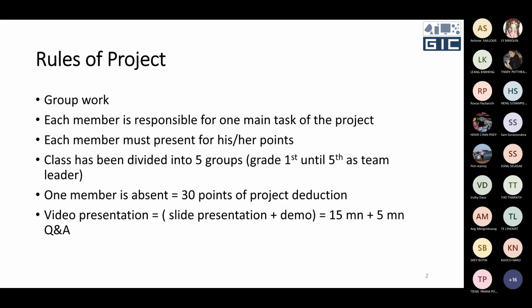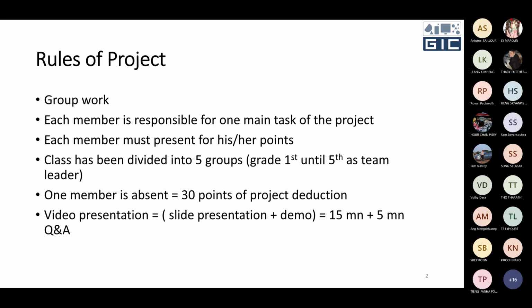There is no one perfect, so you don't get a full score of 100. So if one member is absent, it means 30 points will be deducted. If 2 members are absent, it means your team has failed already because you have only 40 score to defend. If 3 members are absent, the team fails. Okay.